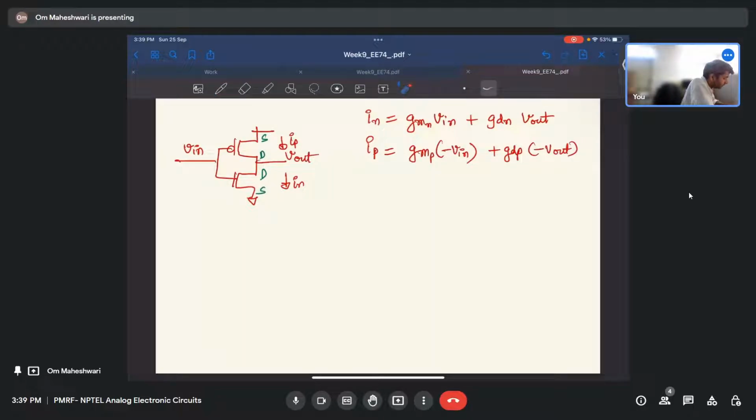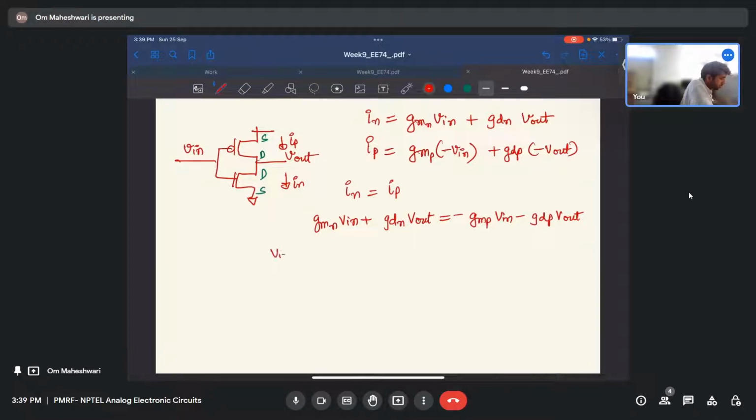This is VSG and VSD. IN equal to IP. So that means GMN V in plus GDN V out minus GMP V in minus GDP V out.